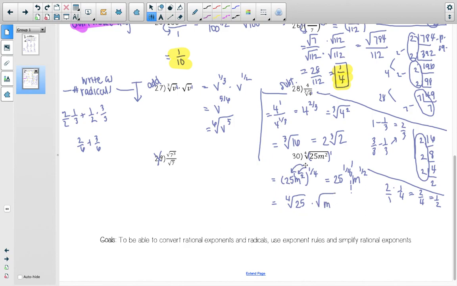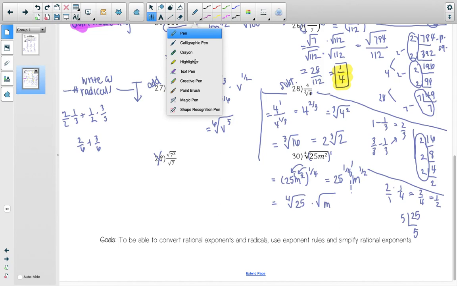So this is equivalent to what the answer is. Does it almost make it more complicated? Yes. Can we simplify the 25? No, because 5 and 5, you only get a pair of 5s and not 4 of them, and you can't simplify this. So that is your answer.